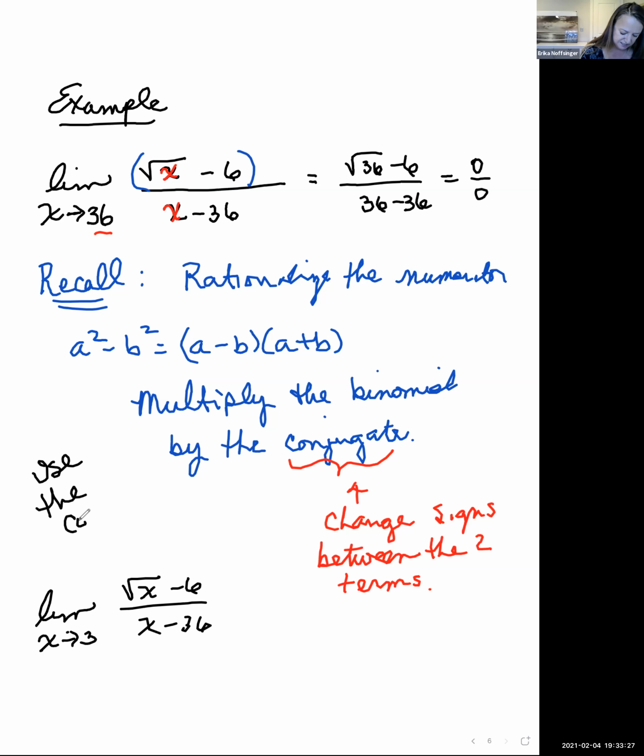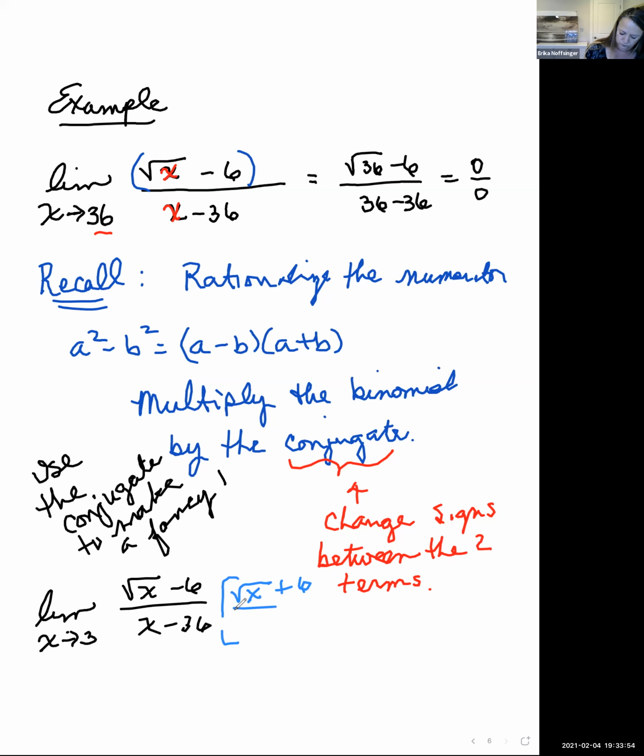So use the conjugate to make a fancy one. We're going to multiply top and bottom by the square root of x plus 6.